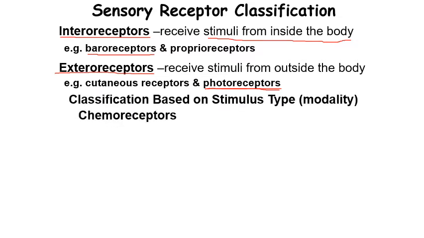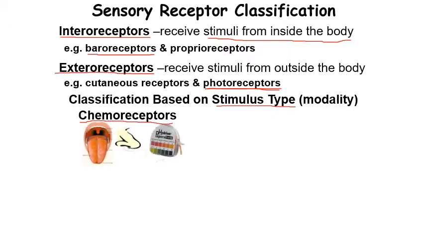Okay, we can also classify on what stimulates these receptors. What is it that activates these different sensory receptors? If it is chemical, then they are chemoreceptors. A classic example is taste, gustation. The receptors for gustation respond to chemicals in the mouth.